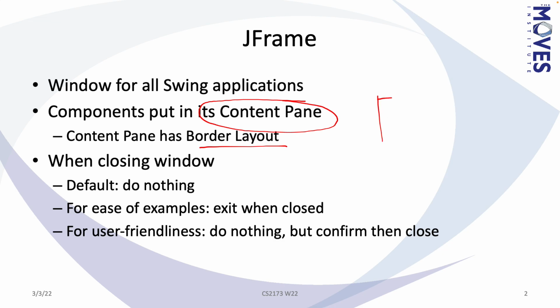Basically, what that looks like is something like this: it divides the window, or at least the content pane, up into five sections. And each has a different kind of rule for how it gets laid out. They're called north, south, east, west, and center.